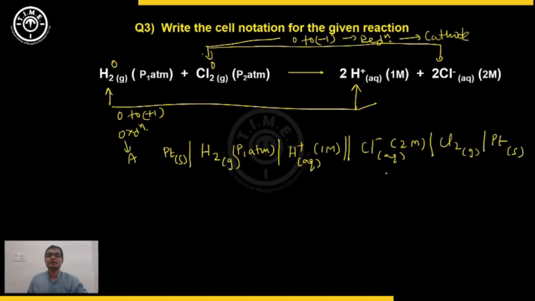Sorry, this is a non-metal electrode. While you are notating the non-metals, Cl minus ion to Cl2 you have to write, not Cl2 to Cl minus. Okay? Here we use a platinum plate as an inert electrode. This is the cell notation of this reaction.